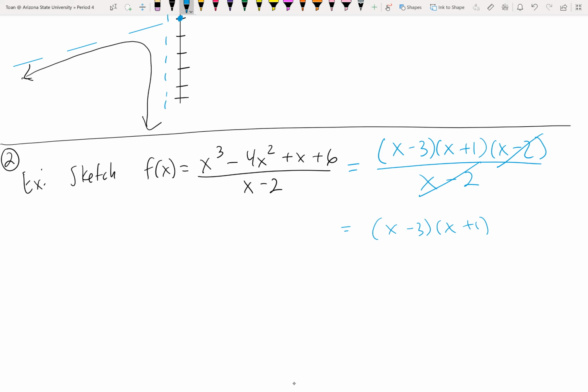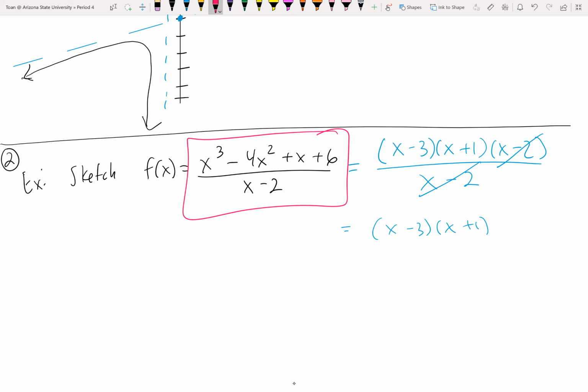Now, we got to be very careful here. Notice my strings of equality. I am claiming that this guy here is equal to this guy here, which is equal to this guy here. Right? And my math is good, so that's not wrong. I didn't make any mistakes. But if this here is supposed to produce the same picture here, notice how the original function has some bad x values.